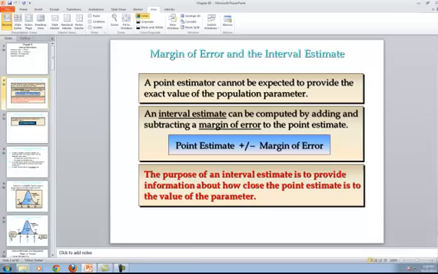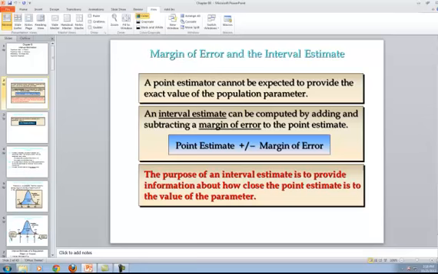As we recall, a point estimator cannot be expected to provide the exact value of the population parameter. I cannot really say that the average height of City College students is 68 inches, because that will probably be wrong, because that will depend on the samples I have drawn, some of which may be outliers.